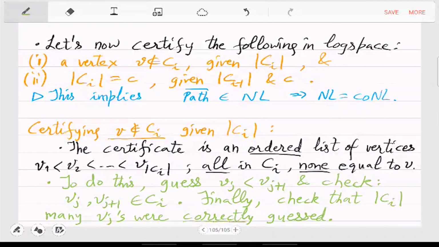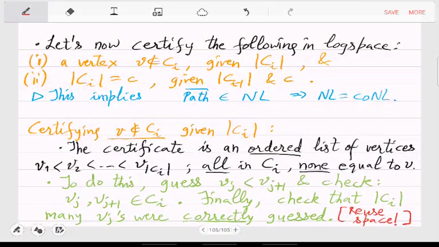Right, so that's a log space machine which can guess the whole of Ci, all the vertices. Remember that it doesn't have to store it, because it is going in this order, so it will just keep reusing the space. So reusing of space is important here. Otherwise you will be out of space because Ci may be n in size.